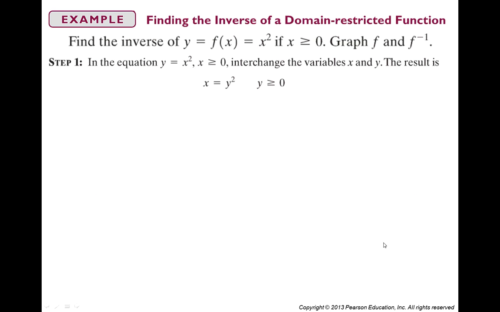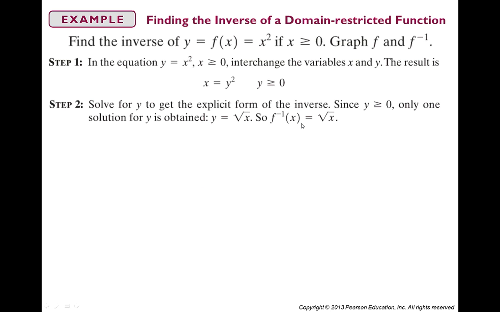Sometimes in order to get a one-to-one function, you have to restrict the domain. So if you have a parabola and you want to find the inverse, you have to specify that x is greater than or equal to 0, so it just gets half of your smiley face.